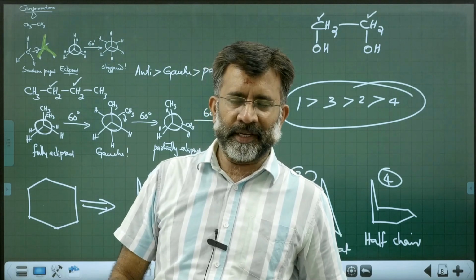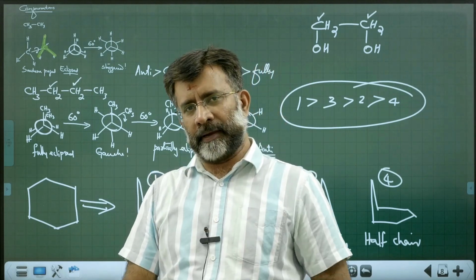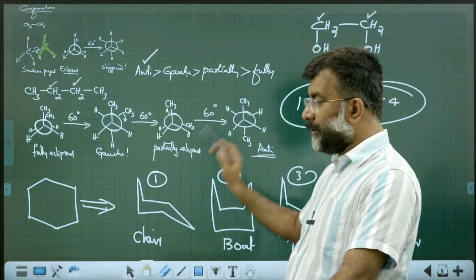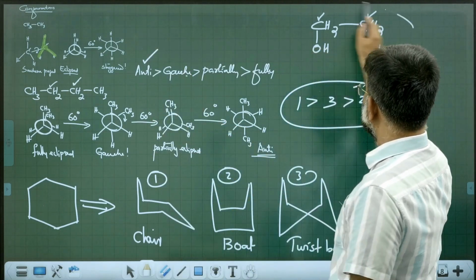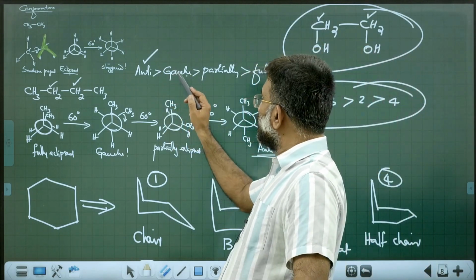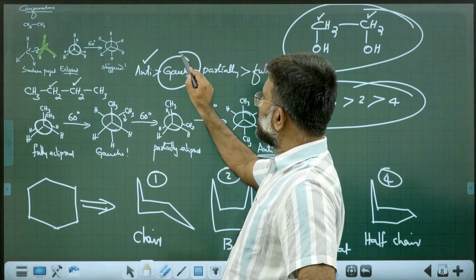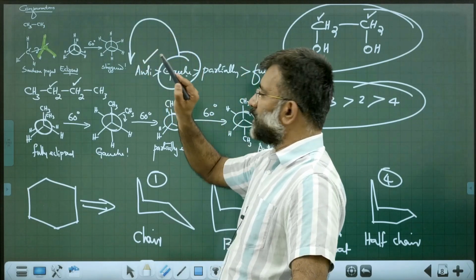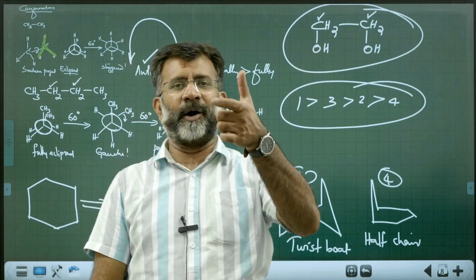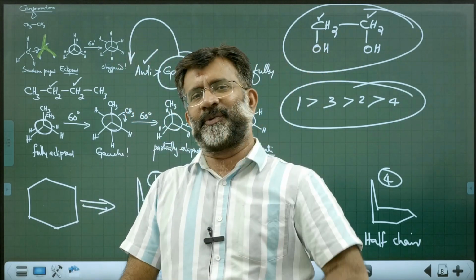Here, anti is most stable. While if you try this one, of course, anti is stable, but the gauche conformation is found to be more stable than anti in this example. Try to illustrate how and why. I'm leaving it to you.